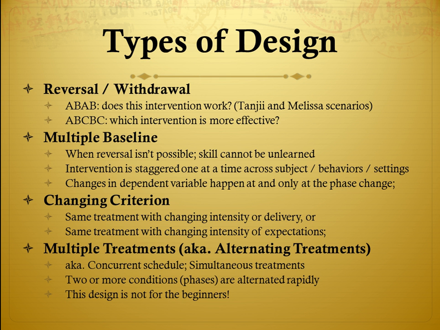When that happens, we instead use a multiple baseline approach. So we might have 6 students and we teach them the skill at different points. So maybe we teach the first student on Monday, the second student on Wednesday, the third student on Friday, and then the fourth and fifth students on Tuesday and Thursday of the following week.